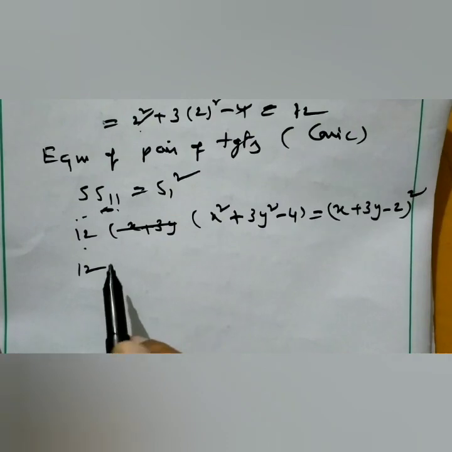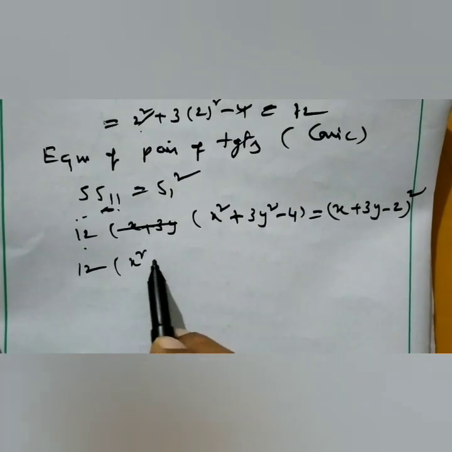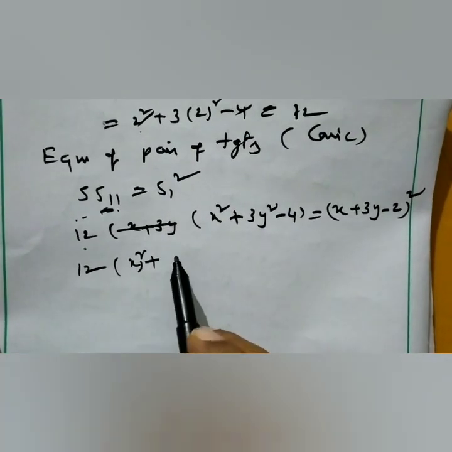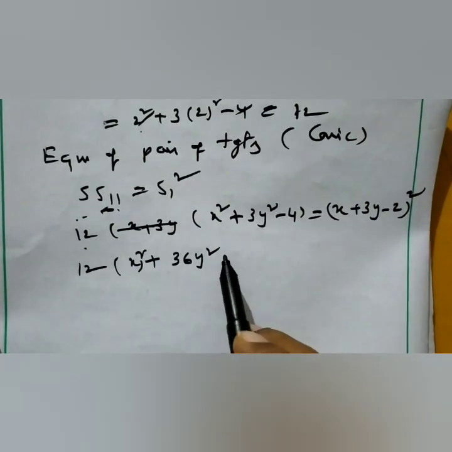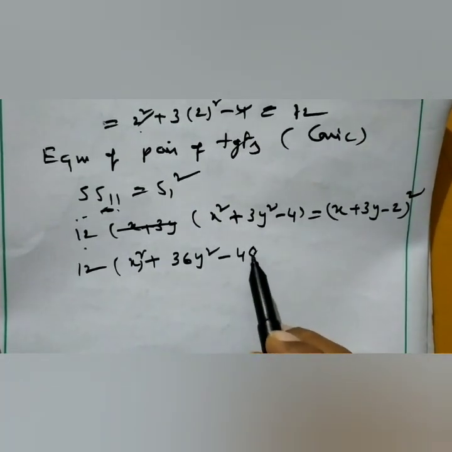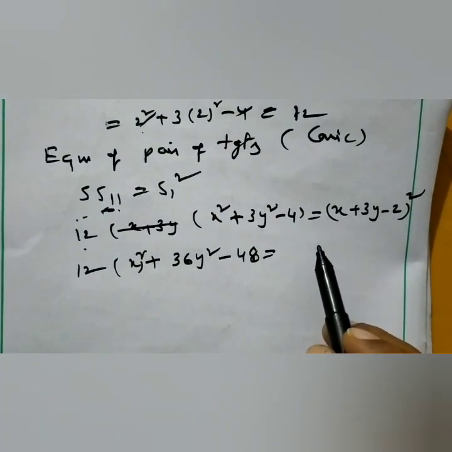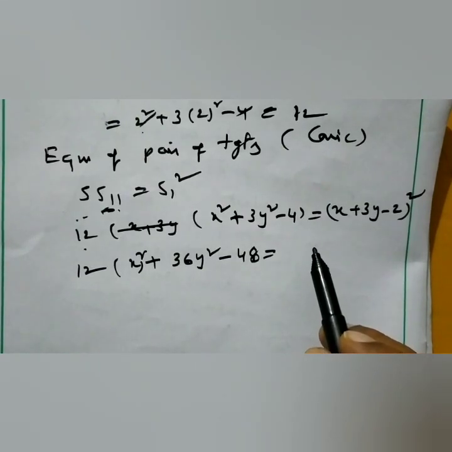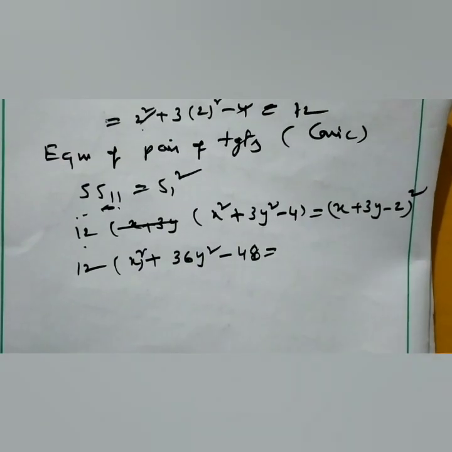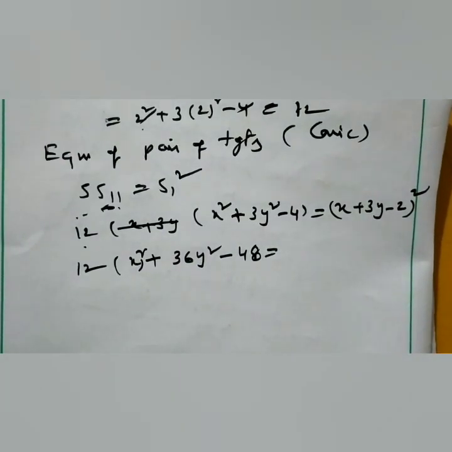That is 12 into x square plus 3y square minus 4, 12x square plus 36y square minus 48 is equal to S1 whole square. This is the equation of the pair of tangents PA and PB.